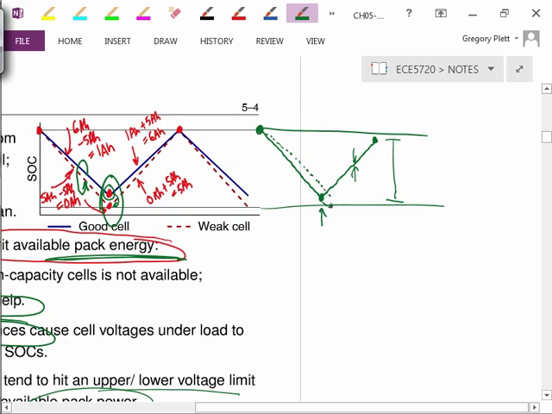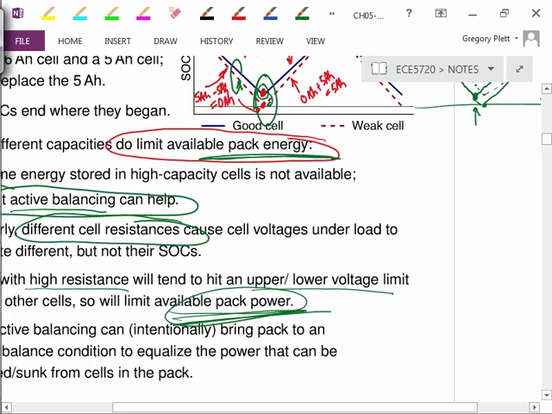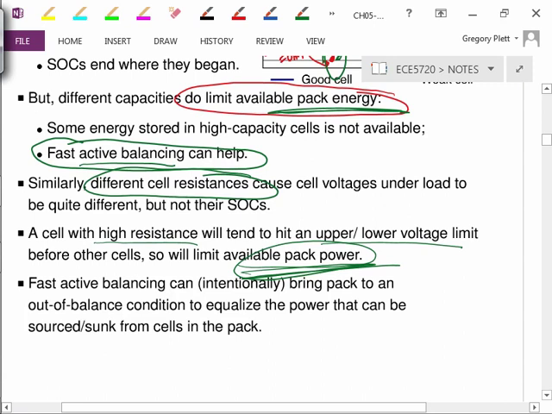And then similarly, on the charge, when the strong cell is going up like that, we would want the high resistance cell to do something like that in order for it not to hit the voltage limit as quickly. So we would intentionally bias the states of charge of a pack with cells having different resistance if we wanted to get more power out of it, and we could do that with fast active balancing. Again, you can imagine that this is more complicated, but it's certainly doable and might be worth doing in some situations.